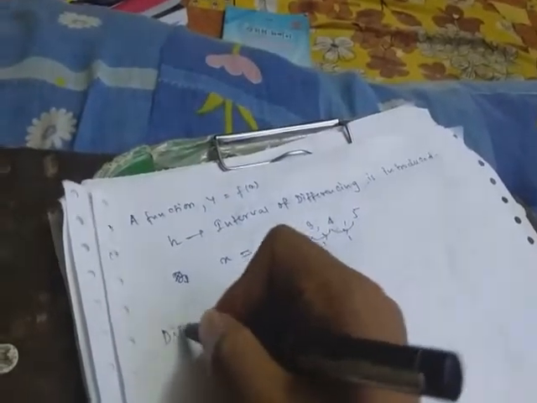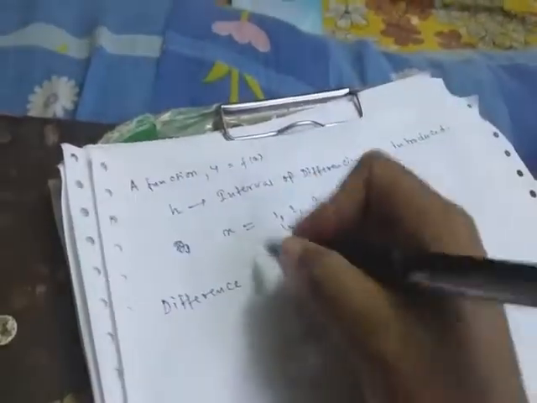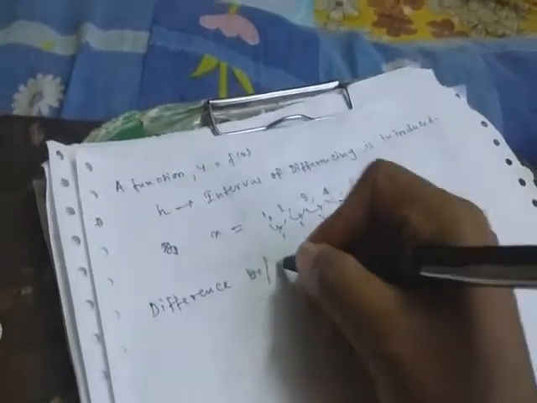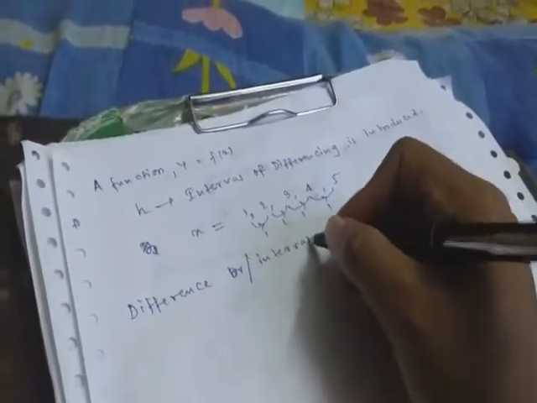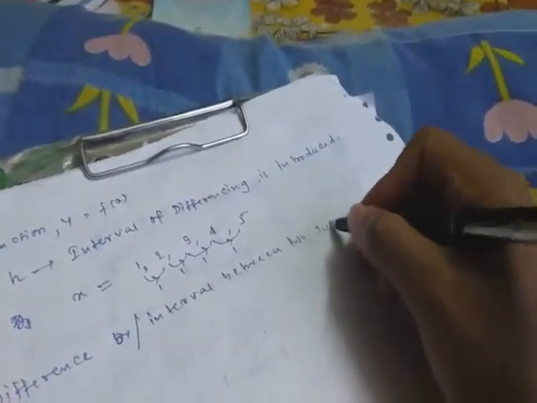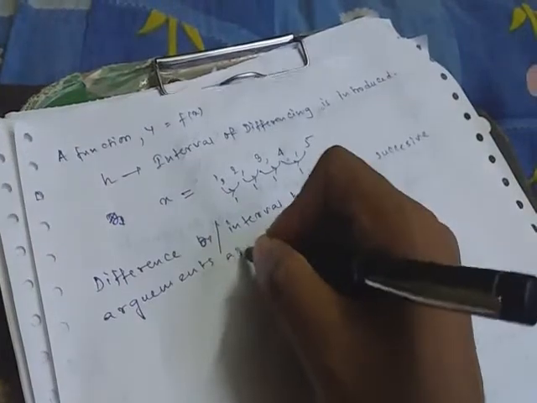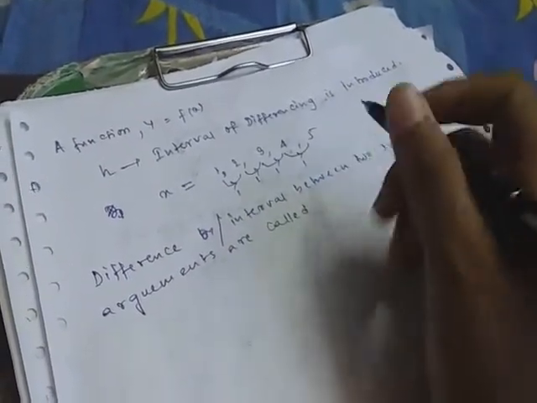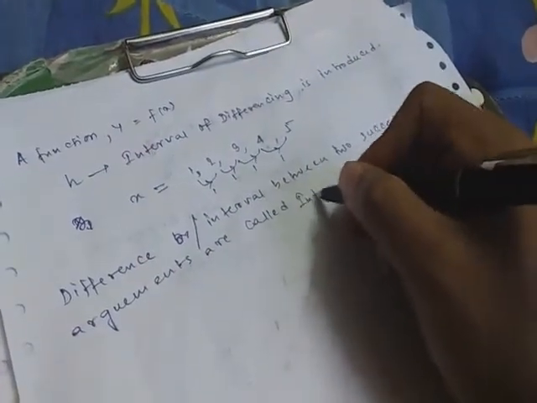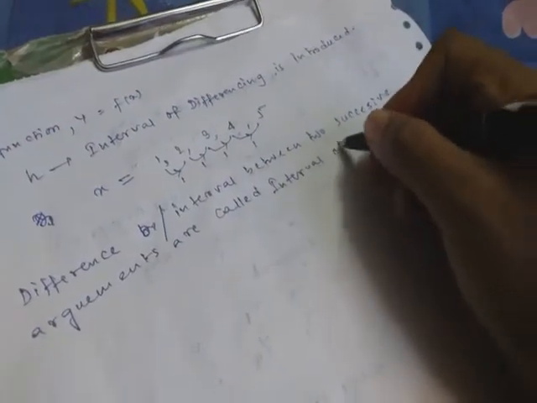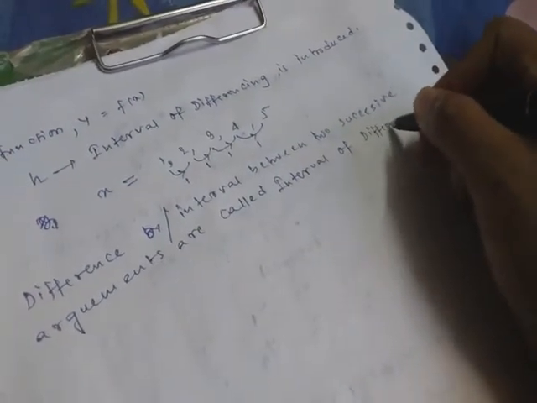So the difference or interval between two successive arguments is called the interval of differencing.